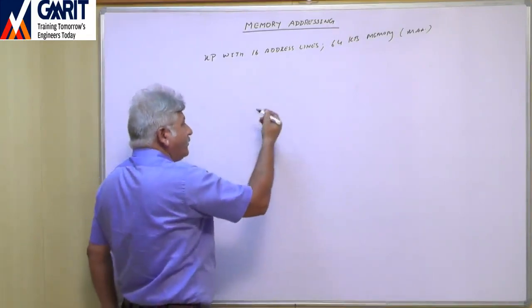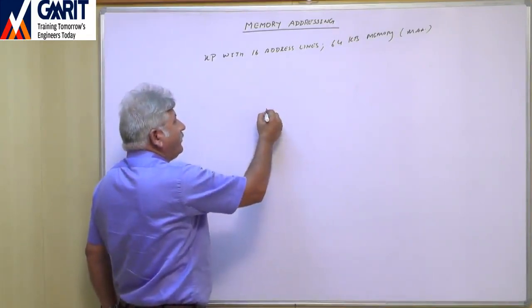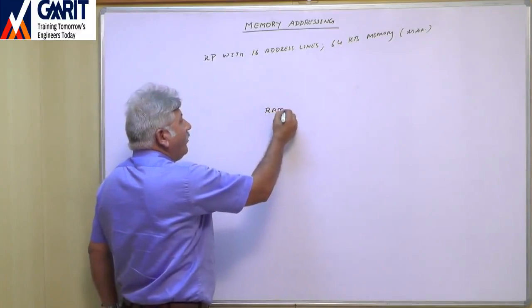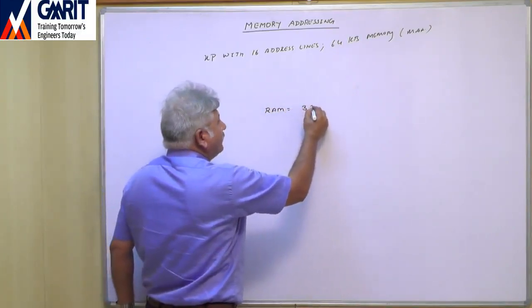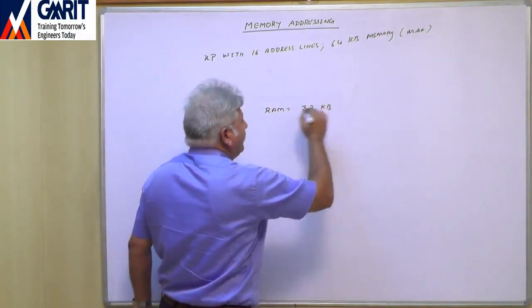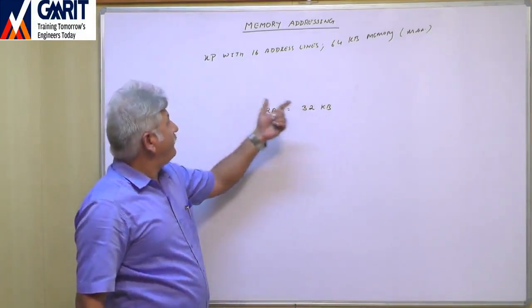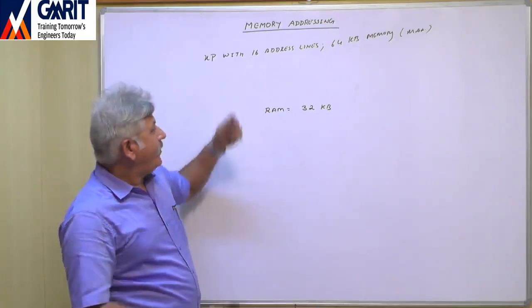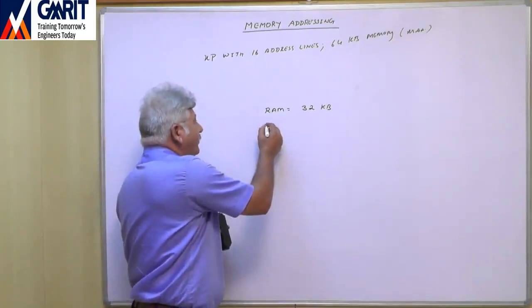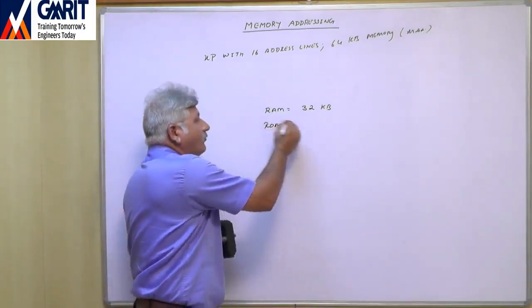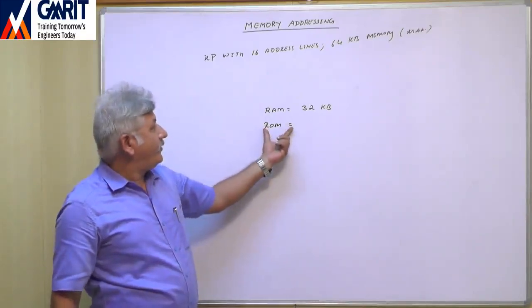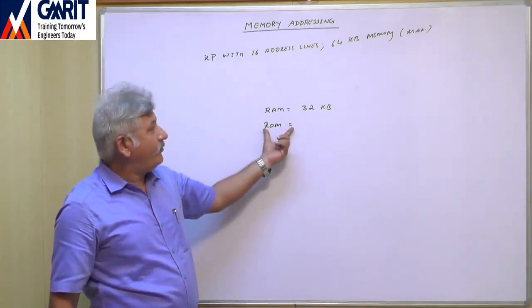So suppose we are having a RAM of 32 KB. This 32 KB RAM we have connected with this microprocessor, and we want to connect one ROM also. Then what can be the size of this ROM?